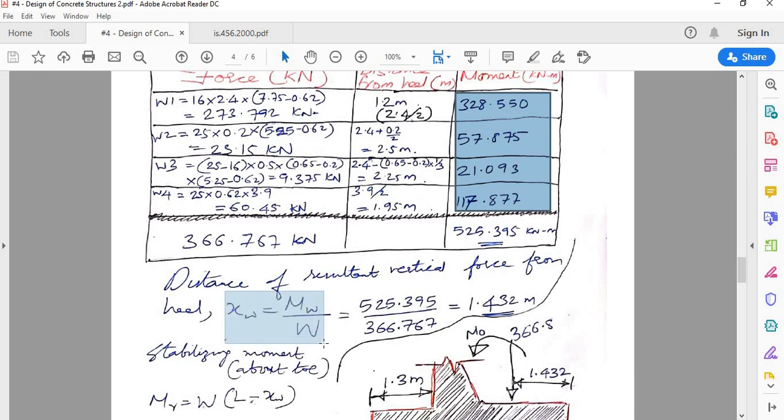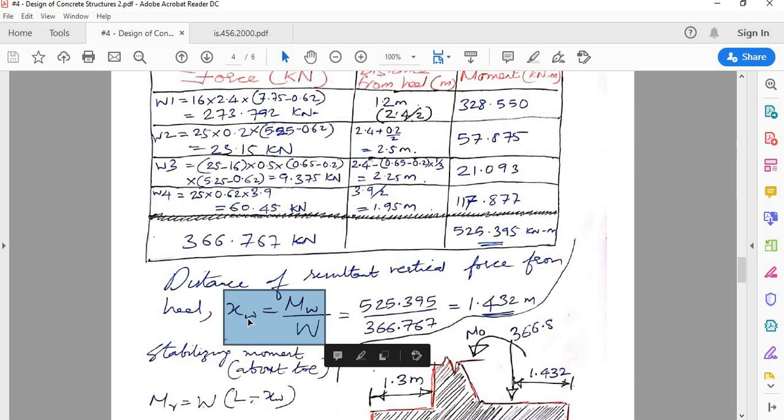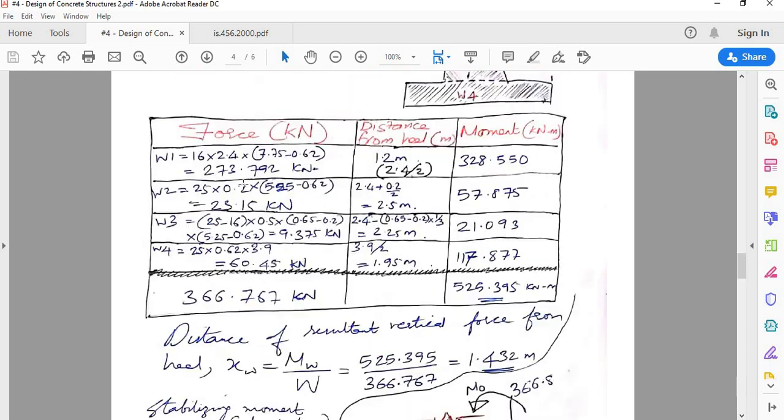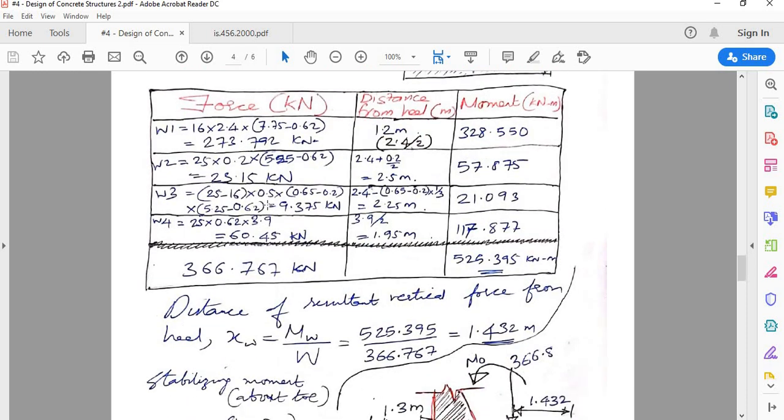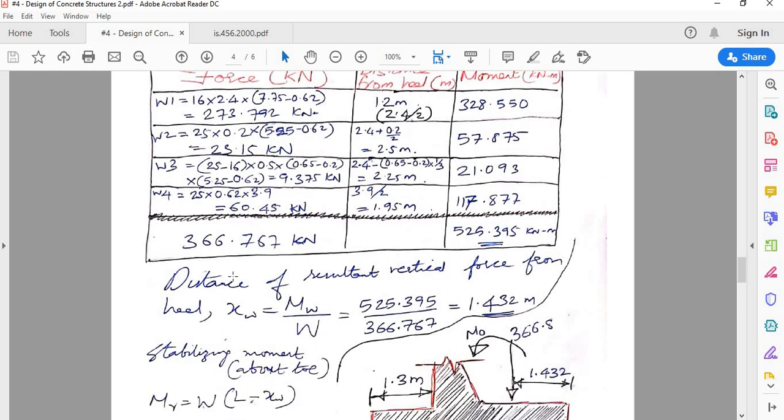This is just like what you might have done in DCS2. X resultant equals sigma Fx by sigma F. This expression is exactly similar, because here W is the sum of all the forces, like sigma W, and MW is the sum of F into x, or the sum of the moments.